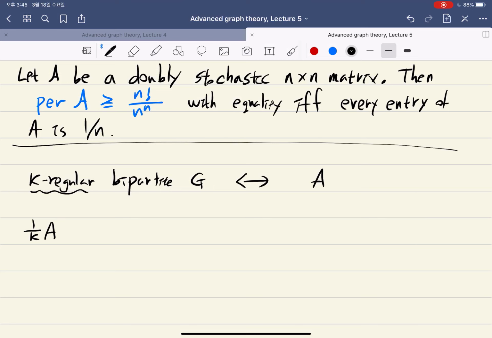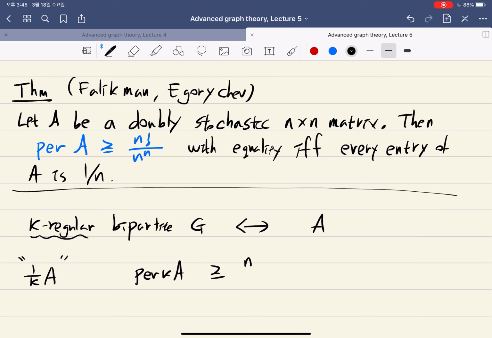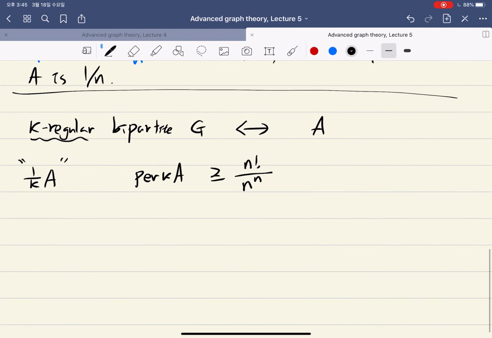And by multiplying by 1 over k, this becomes a doubly stochastic matrix. So the permanent of A over k is at least n factorial over n to the n by this theorem. And from that, we know how the permanent changes once we multiply by a scalar. So we can conclude that the number of perfect matchings in G, which is the same as the permanent of A, is at least n factorial times k over n to the n.